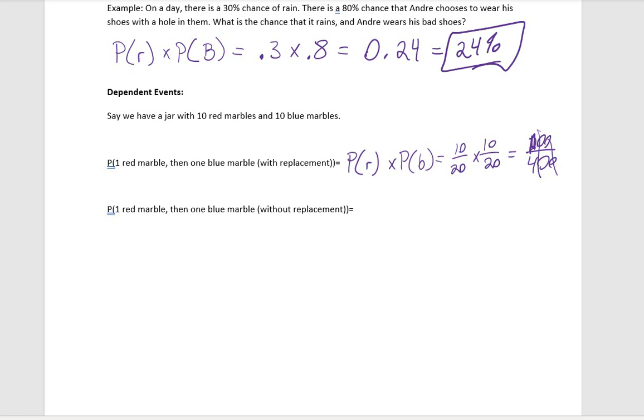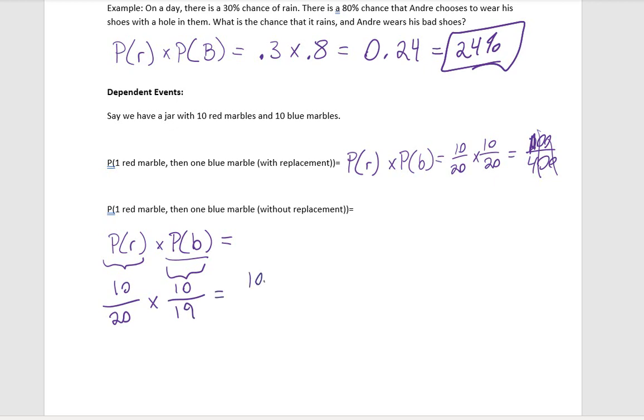However, if we pull out a red marble and then one blue marble without replacement, well, that changes things. So the probability that we pull out a red marble times the probability we pull out a blue marble. Well, for this one, I originally have 10 red marbles and I have 20 marbles total. On this one, if I don't put that red marble back, then I still have 10 blue marbles, but now I only have 19 marbles total.